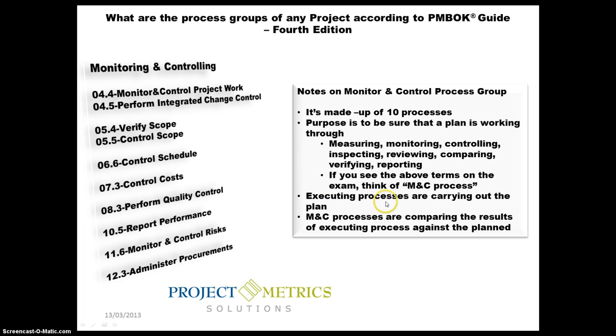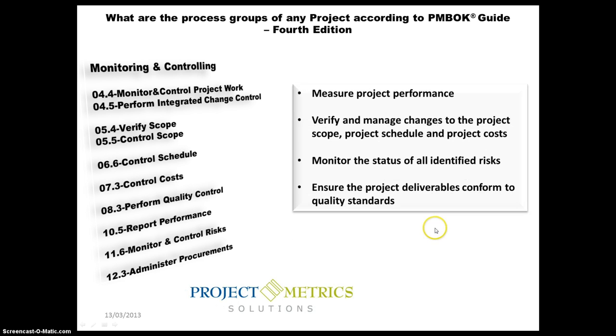Executing processes are carrying out the plan. Monitoring and controlling processes are comparing the results of executing processes against the plan. Here, you measure project performance using appropriate tools and techniques. You will verify and manage changes to the project scope, project schedule, and the project costs as defined in the change management plan.